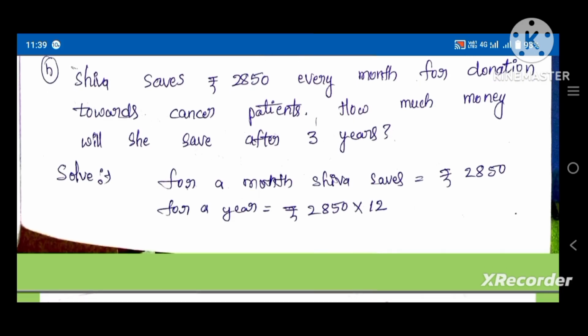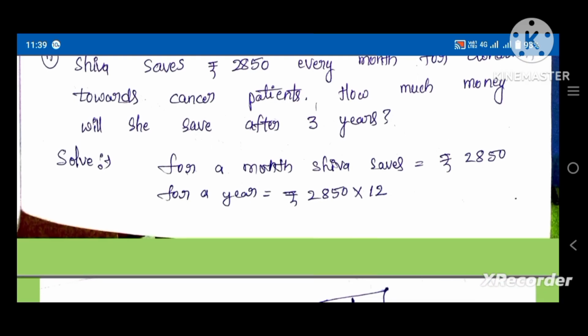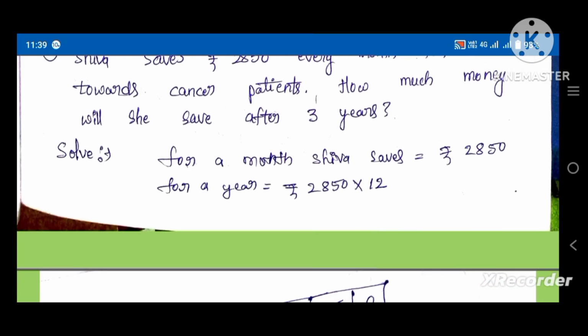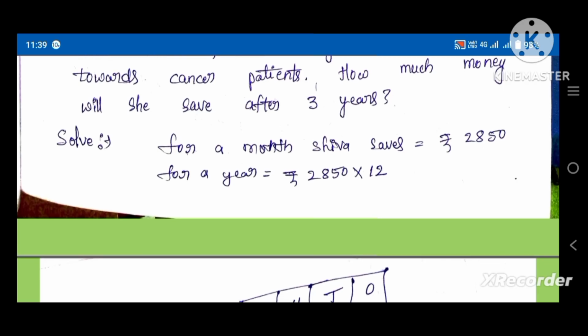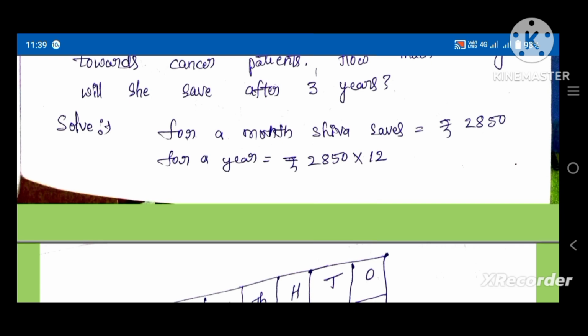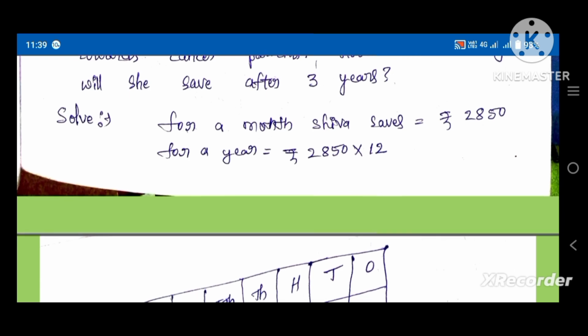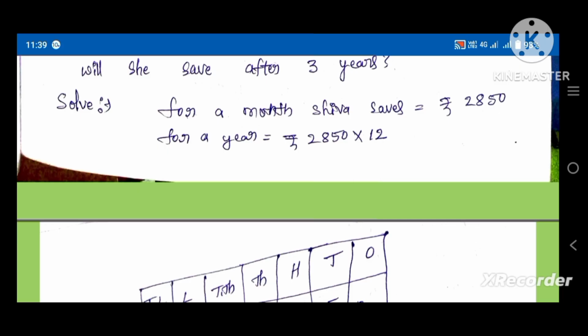Shiva saves rupees 2,850 every month for donation towards cancer patients. How much money will she save after 3 years? Solve. For a month, Shiva saves rupees 2,850. For a year, rupees 2,850 into 12.